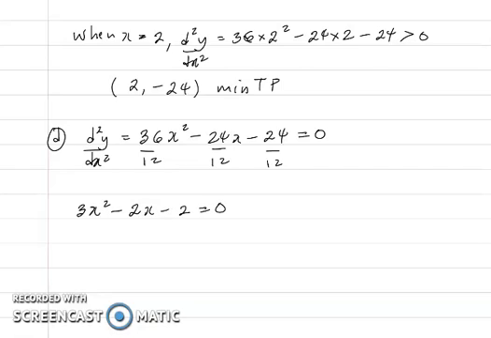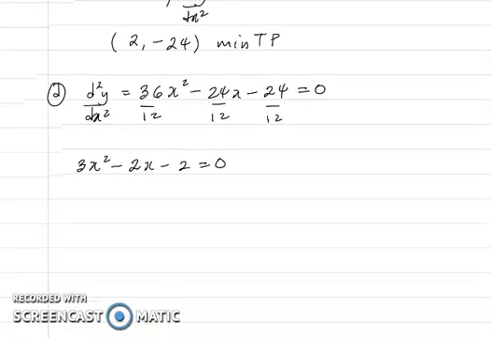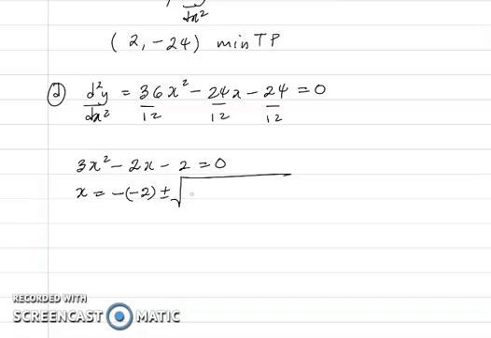All right, this can't be factorized. So because this can't be factorized, we're going to have to use the quadratic formula. It means that x is equal to minus b plus or minus the square root of b squared minus 4 times a times c, all over 2a, which is 3.